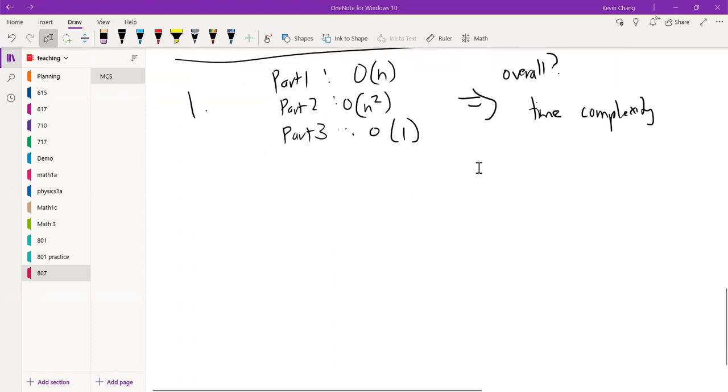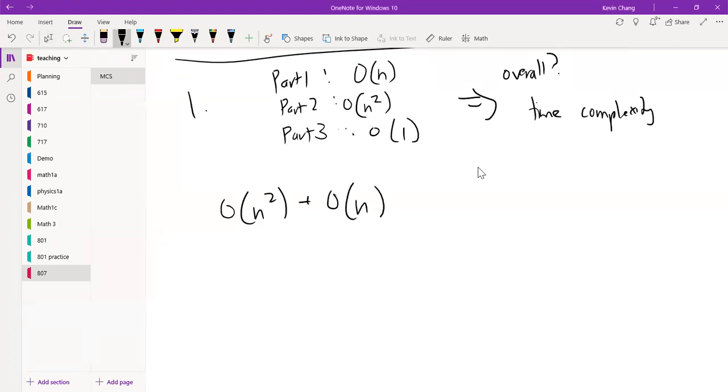Okay, so I'll go over this real quick. So as before, we want to find the overall time complexity. Meaning, if the program is doing O of n, then O of n squared, and then O of just 1, the total will be O of n squared plus O of n plus O of 1.